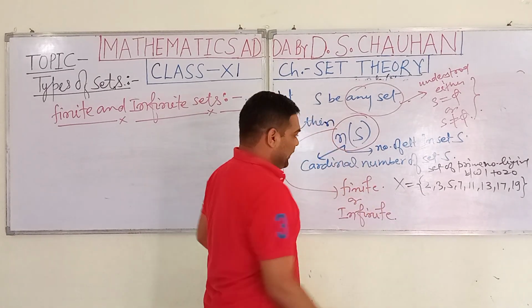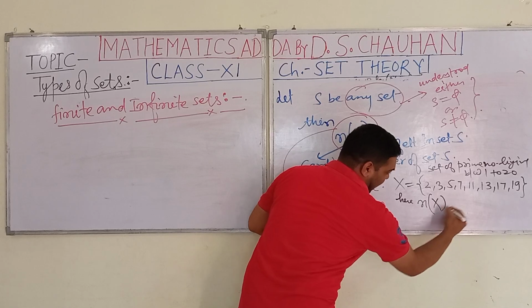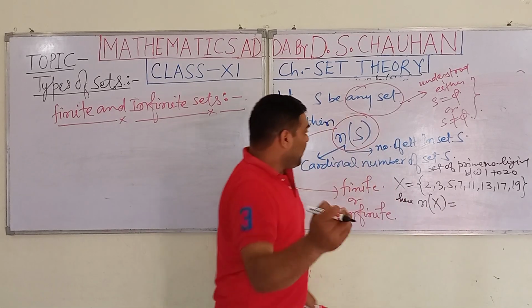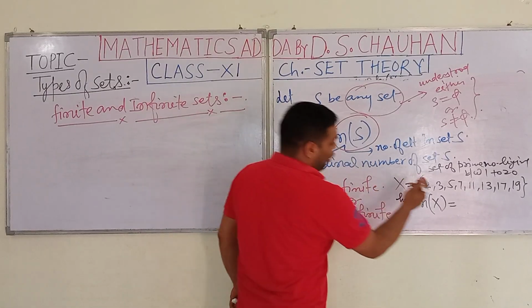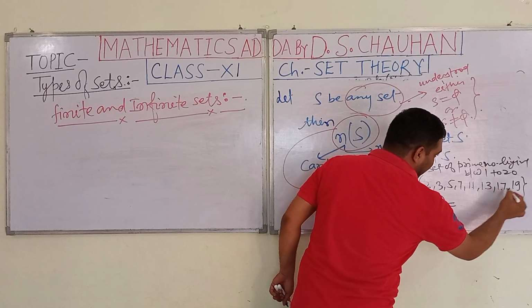What could it be, students? It will be 2, 3, 5, 7, 11, 13, 17, 19. This is the set of prime numbers lying between 1 to 20.